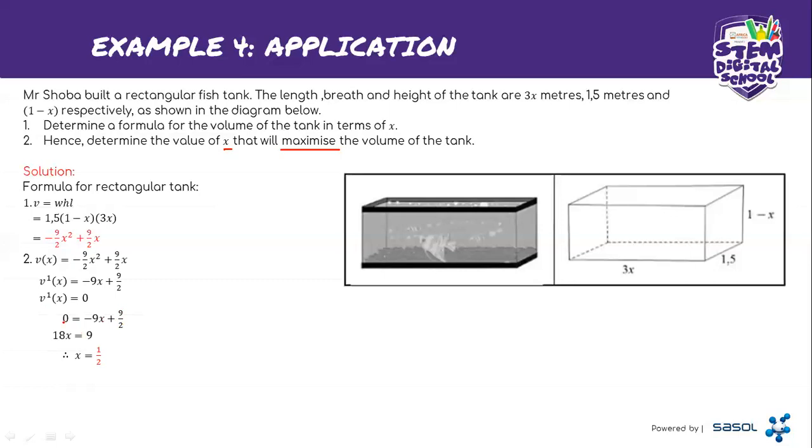Then 2 times 0 is 0 there. And then negative 9 times x times 2 is going to give us negative 18x. And then obviously this one is going to be 9, right? And then we're going to divide both sides by negative 18. Then the x value is going to be 1/2. So that is the value of x that we had to determine, right?